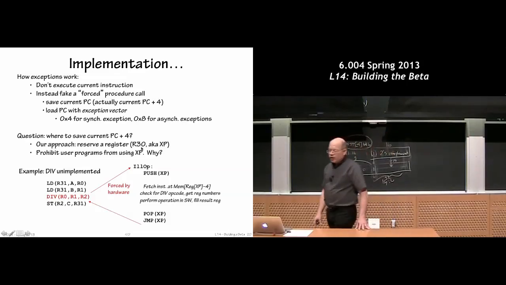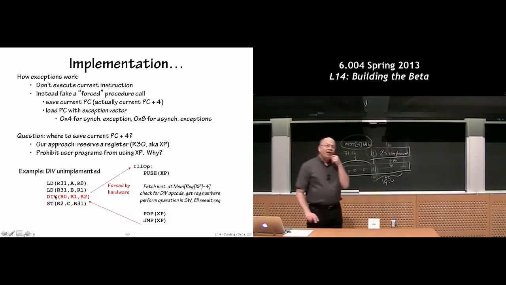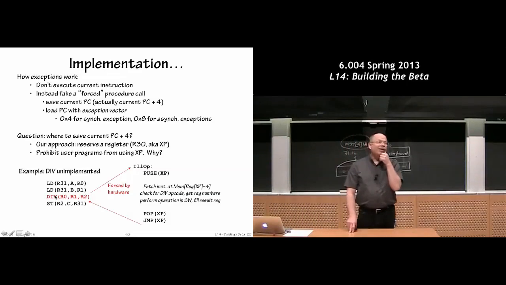And the something special we're going to use it for is that's where the hardware is going to stick the address of the interrupted instruction, actually the PC plus 4 of the interrupted instruction. So for example, if you don't have divide hardware in your machine, this is an illegal opcode, so when it saw a divide instruction, it would say, oh, I can't execute this.